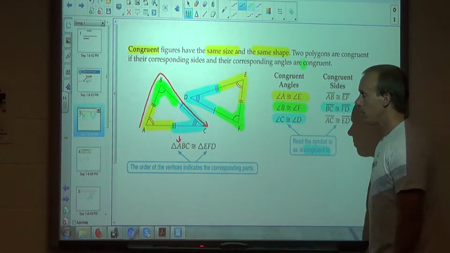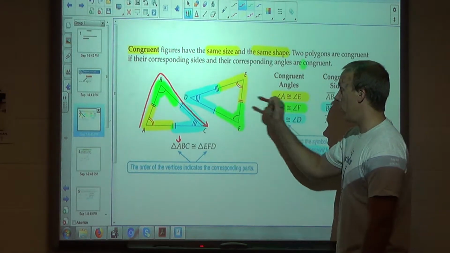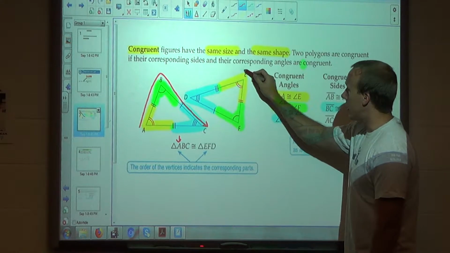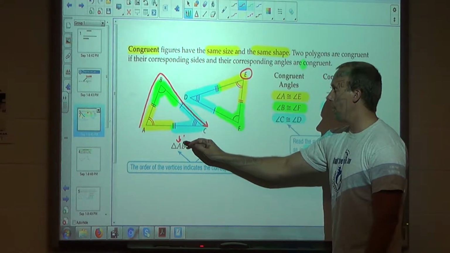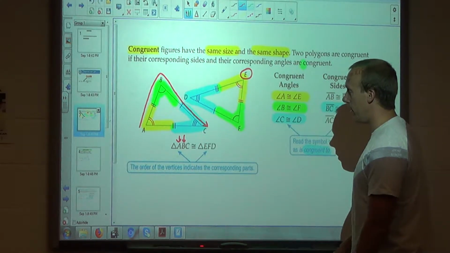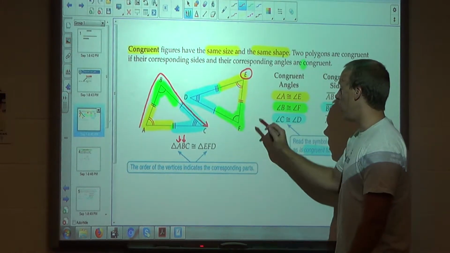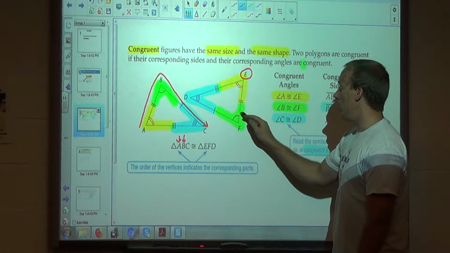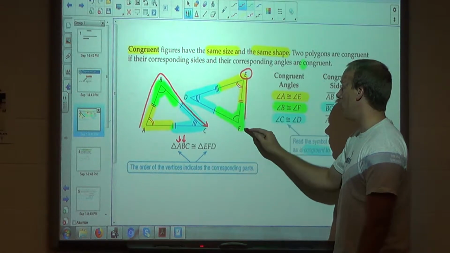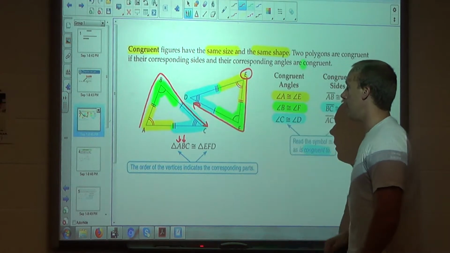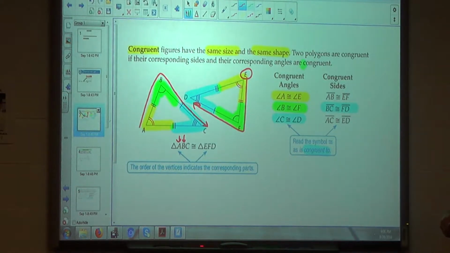I have to start with 2 tick marks, so E. And then what's the middle angle here? It's angle B, that would be the 1 tick mark. So what's the middle here with 1 tick mark? It'd have to be F, so you have to go from here to here to here. The order matters when you label those.